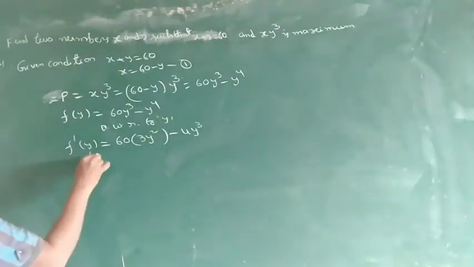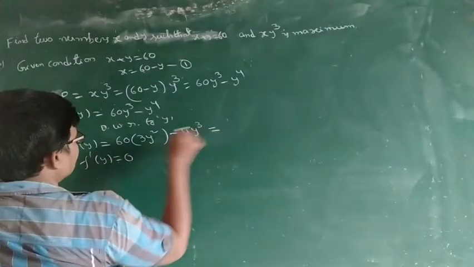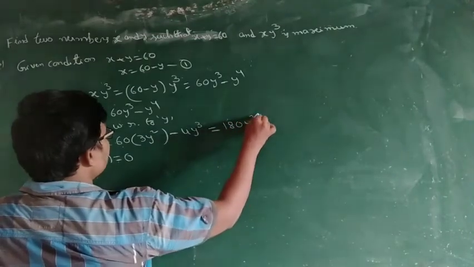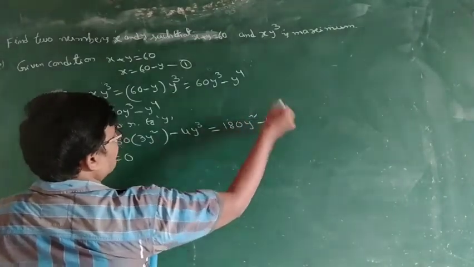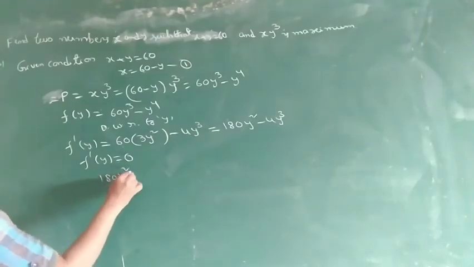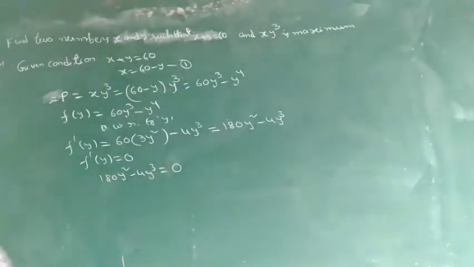Next, f dash of y is equal to 0. Calculate 60 into 3, 180. So 180 y square minus 4 y cube is equal to 0.